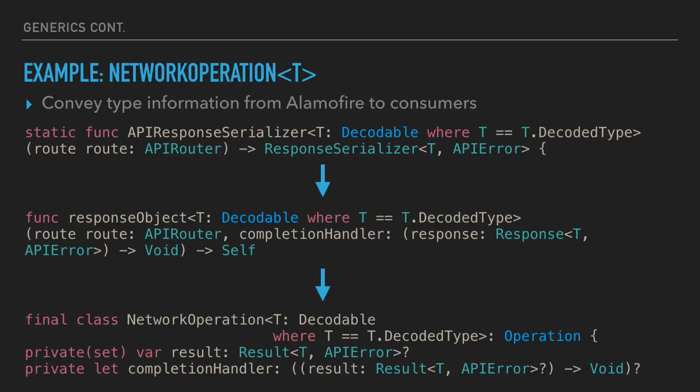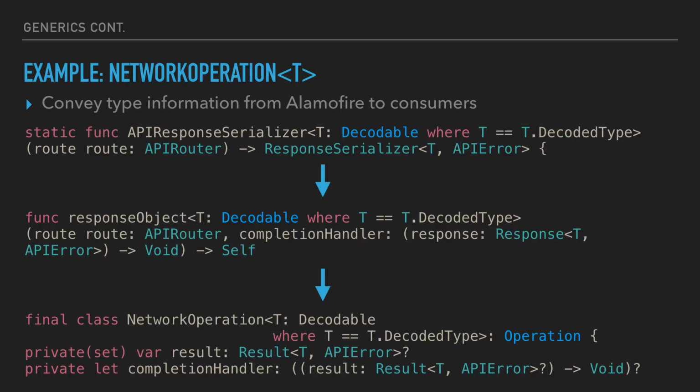And it gives you the Decodable protocol so that you can declare generic constraints on types. In this case, my API response serializer will return a response serializer that returns this T, which is constrained to Decodable, and my own particular error called APIError.